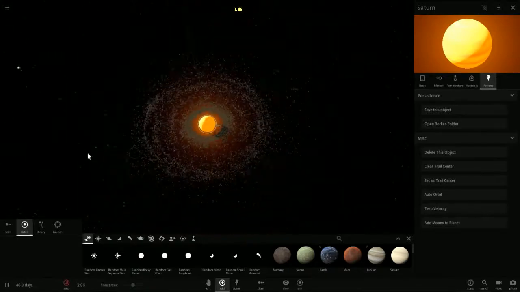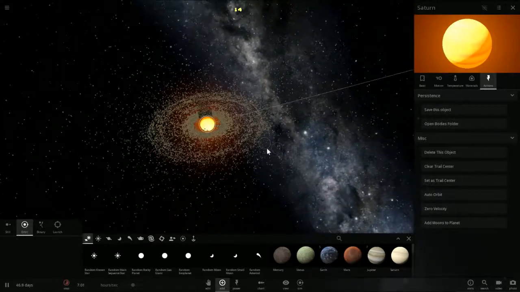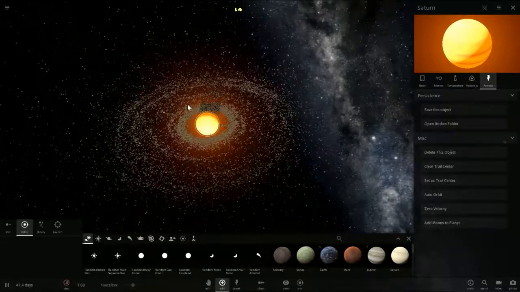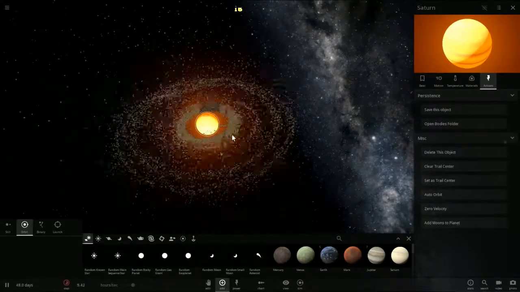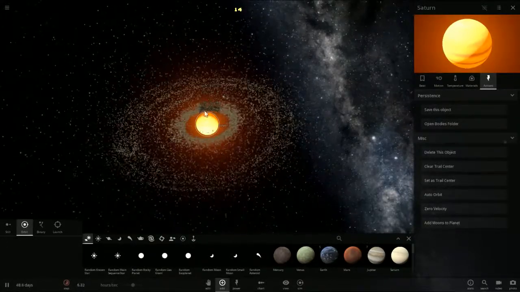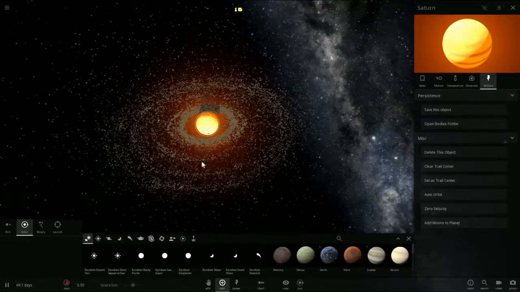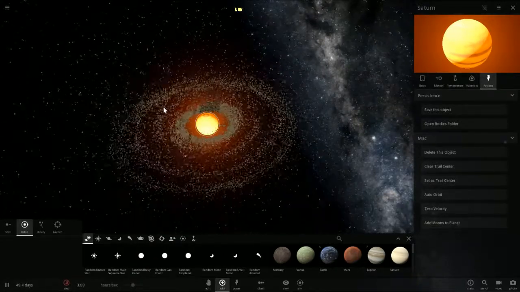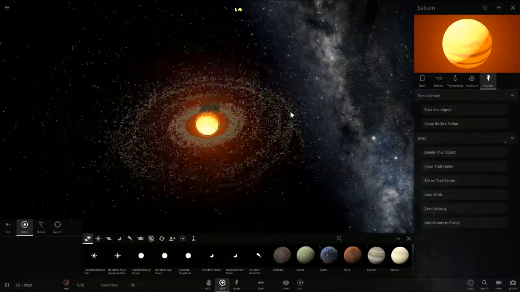Now what we see here is, it might not be noticeable that much, but we can see a main ring here, an inner ring, and then a faint ring here, and another ring here.